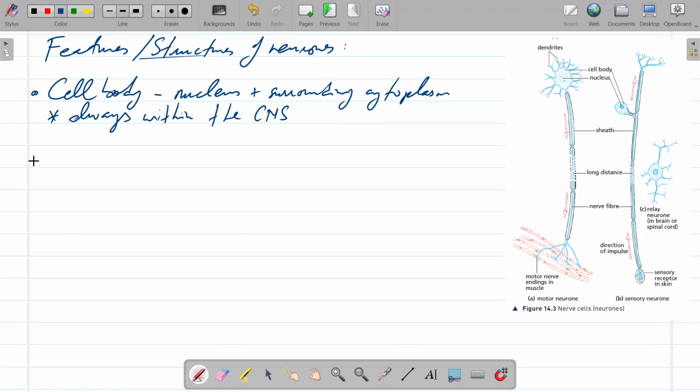And the second thing is dendrites. What are dendrites? As you can see in the image, they are fibers which branch from the cell body to make contact with other neurons.